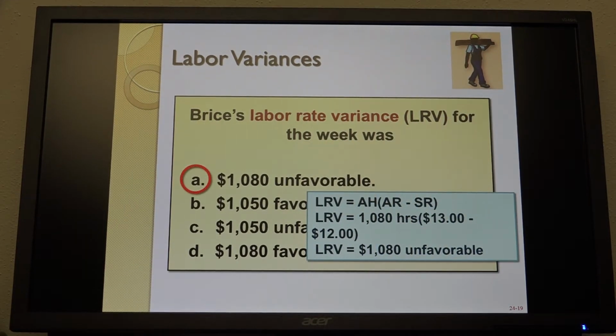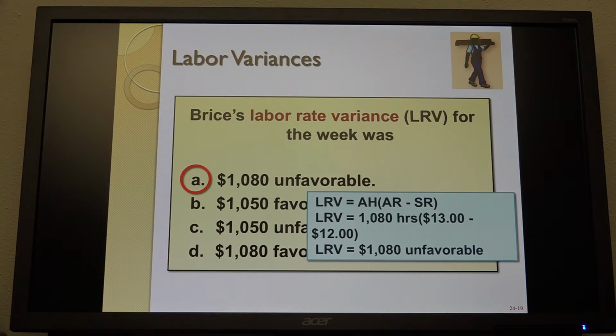Their labor rate variance is $1,080 unfavorable. That is determined by taking those 1,080 hours and multiplying that by the difference between the actual rate minus the standard rate.